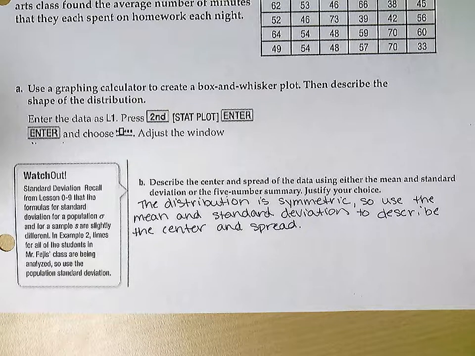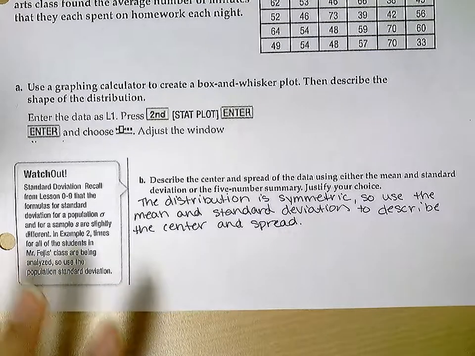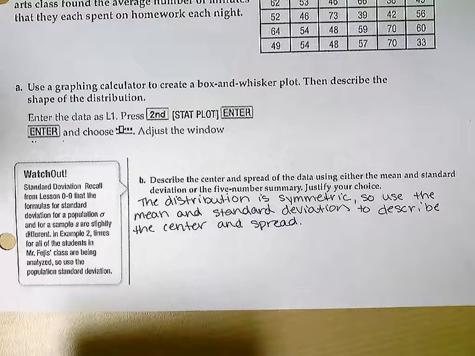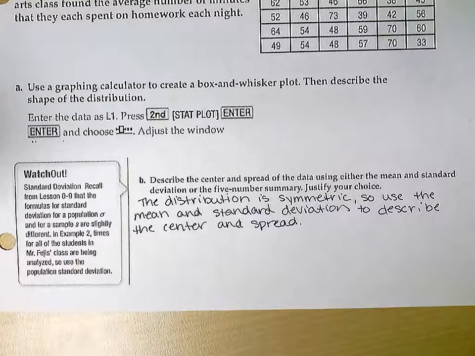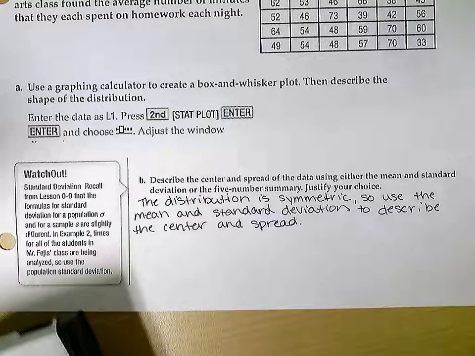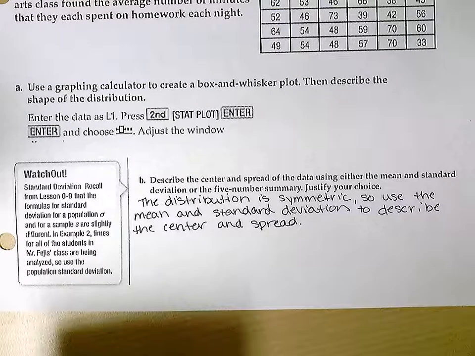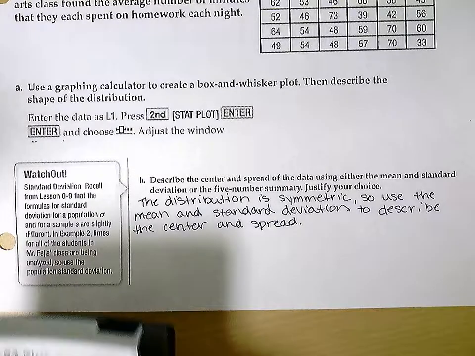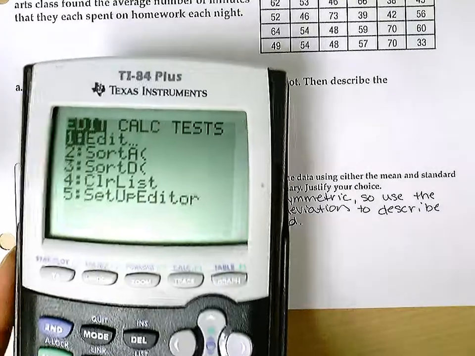Do you remember how to get to the mean and standard deviation? On your graphing calculator, to make it a little bit easier. Not second. Stat. Okay, you press stat and this shows up, right?